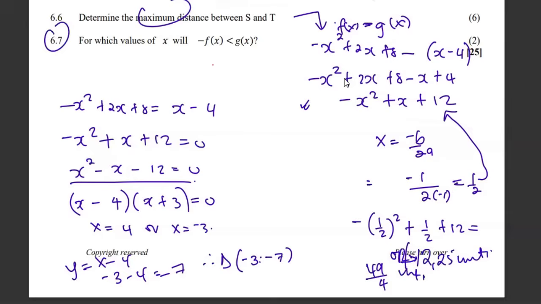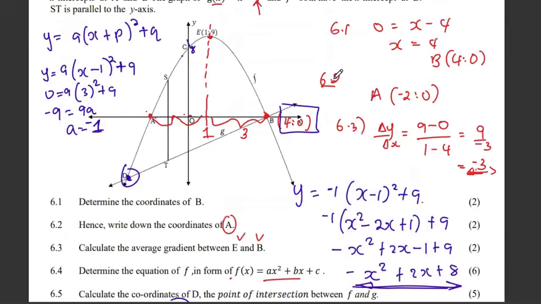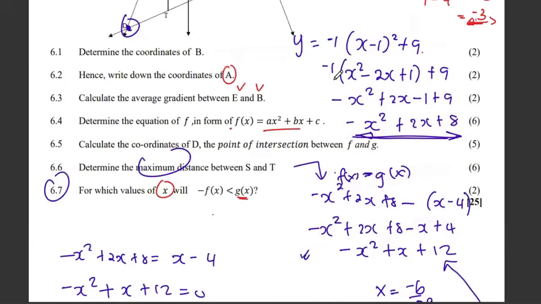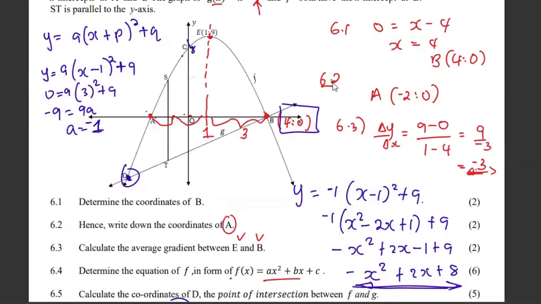Question 6.7: for which values of x will negative f of x be less than g of x? When we talk of a negative f of x, it's like f being flipped around, because that's now the negative after the reflection.